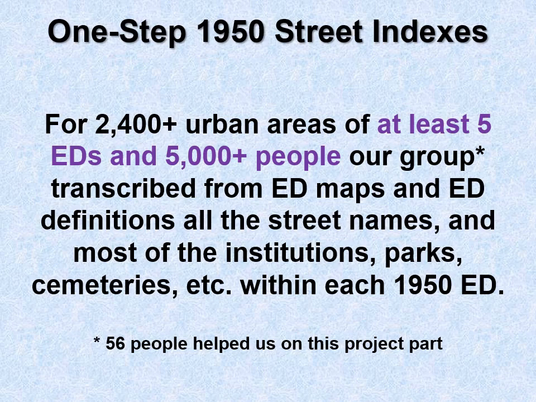And we transcribed the streets and other features from ED maps and ED definitions, including institutions and parks and cemeteries. So if you don't know your particular address, but you knew it was next to this park or this cemetery, look up the park name or the cemetery in the street index. You might find it that way.